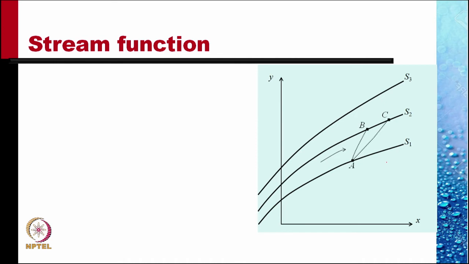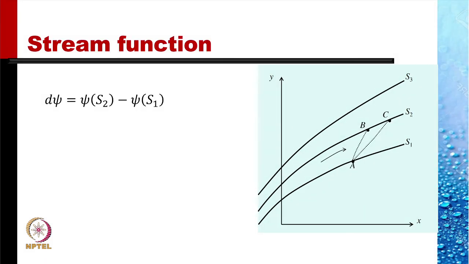Now we can associate a function psi with streamlines such that d psi is psi S2 minus psi S1. Since if we associate a function psi with S1, then the value of psi with S2 would be d psi greater.